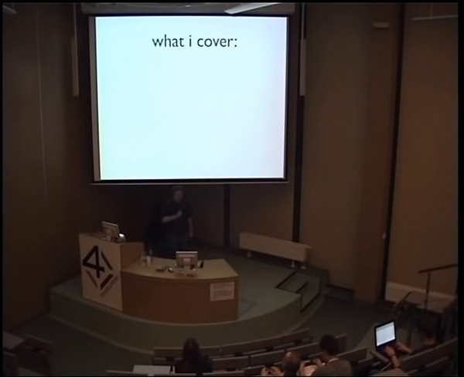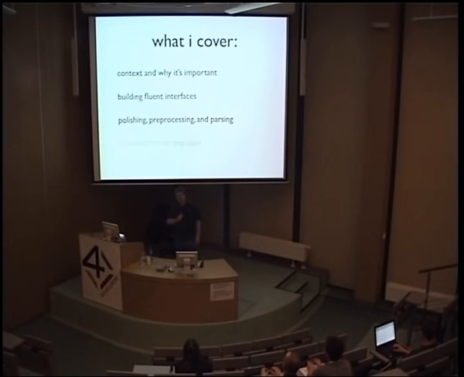So what am I going to talk about in this session? I'm going to talk about context and why it's important. I'll keep coming back to this idea of context over and over again when I'm talking about DSLs, because it turns out that's really one of the big deals in DSLs, is supplying context.